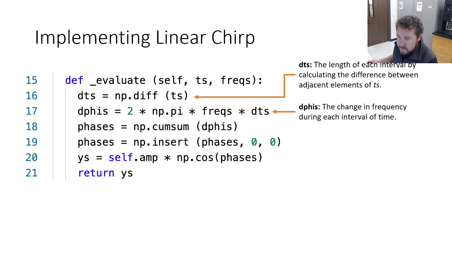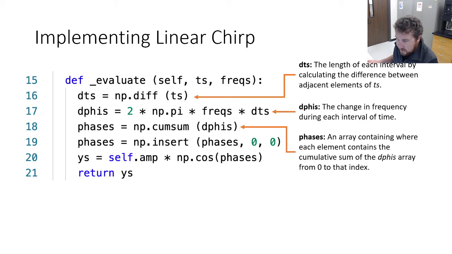And then we have phases, where we essentially just take that and add them all up because we want the signal to progress forward. Here's another example of an unfortunate NumPy name. As we move forward in our signal, we want to be pushing the signal forward, so we're always incrementing the phase at each segment moving forward. So phases is an array where each element contains the cumulative sum of the dphis array from 0 to that index.